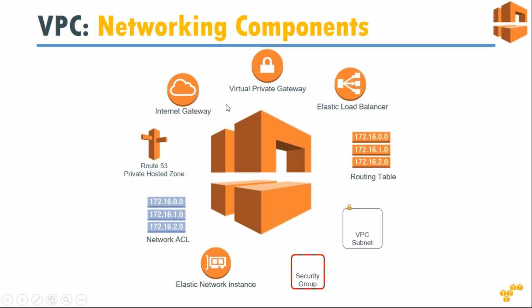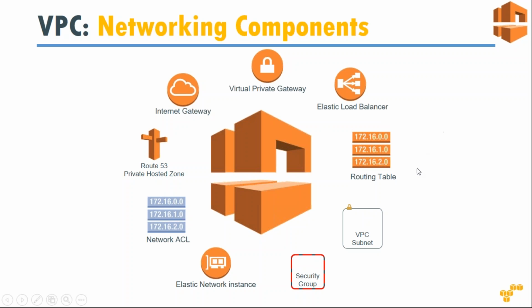Typically, a VPC has most of these components working together. That is, you need internet access, which is provided through an internet gateway, and if you want access to your private data center or your corporate data center, then you will use a VPN gateway. Then if you want load balancing capabilities, you can use an ELB. This is quite optional, if you want to have multiple instances and you want to front end them with a load balancer.